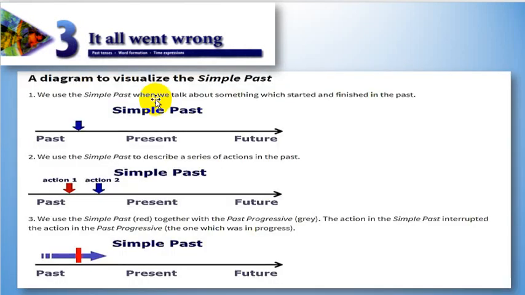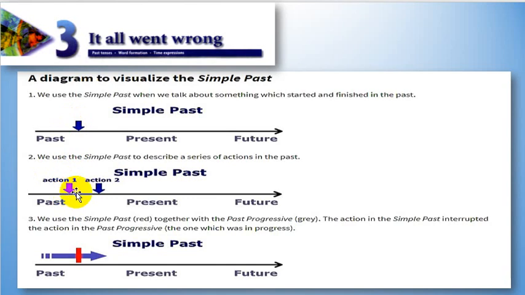This is a diagram to visualize the simple past tense, the situations in which we use the past simple tense. We said we use the past simple tense when we talk about something which started and finished in the past. The blue arrow refers to the action in the past which was finished. We said that we use it when we talk about a series of actions in the past.